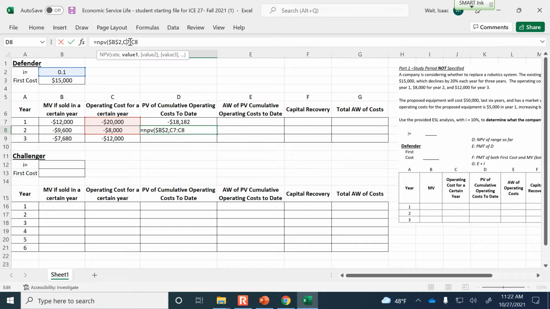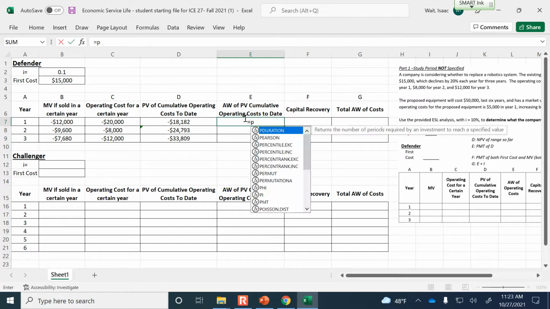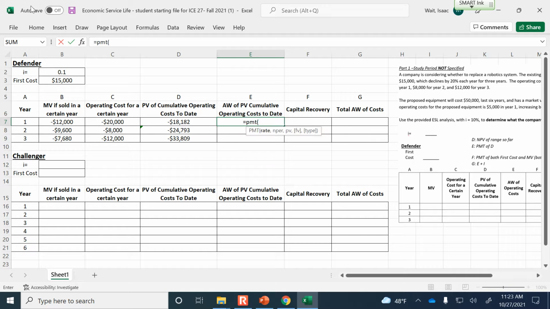Cumulative, like it's rolling, yeah. That makes sense. Each period is plus 1 year.